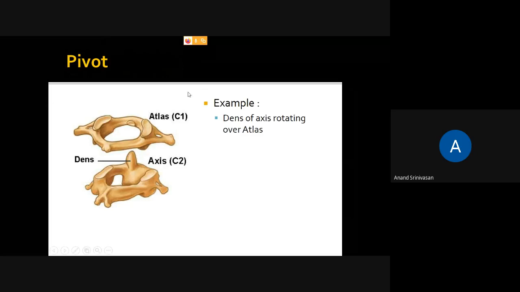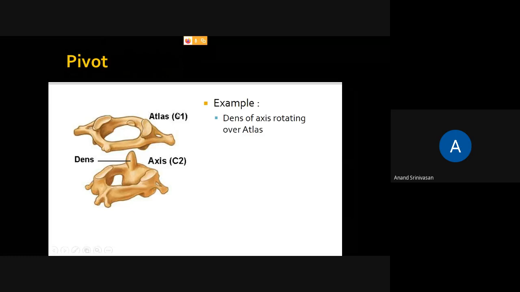The C1 cervical vertebra is also called the atlas. Why is it called atlas? You know the Greek god Atlas, right? He holds the globe, the earth, in his hand. Similarly, the atlas bone holds the entire skull.